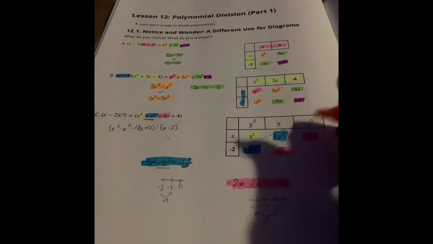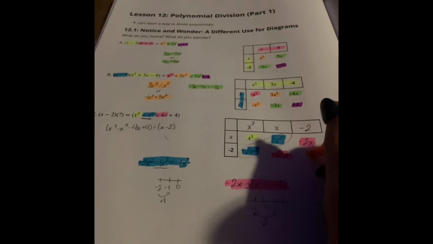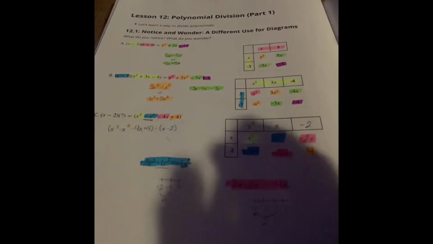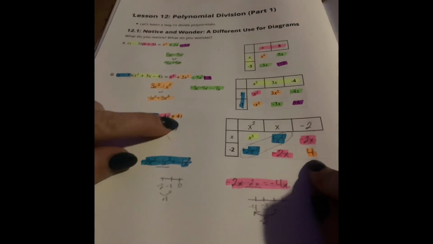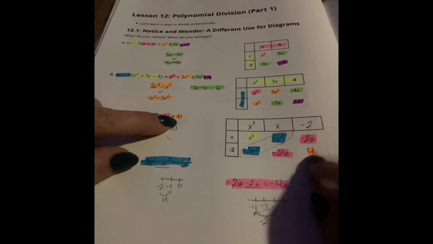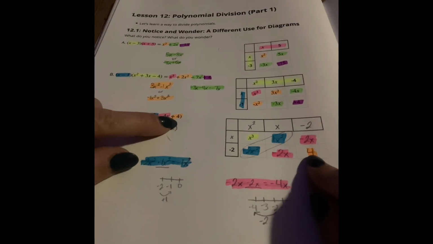I really like using my constant as a check to make sure I did it correctly. If the constant that you get when you're dividing does not end up matching this constant right here, it is one of two things.